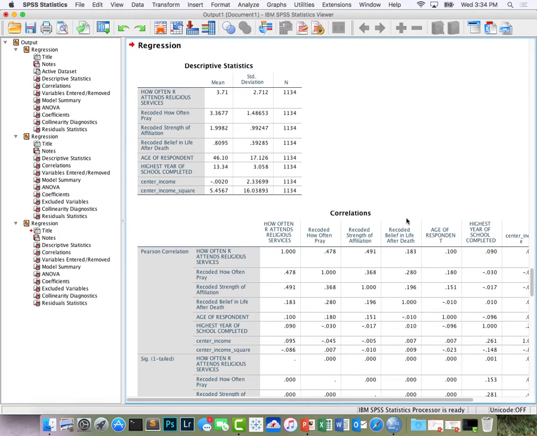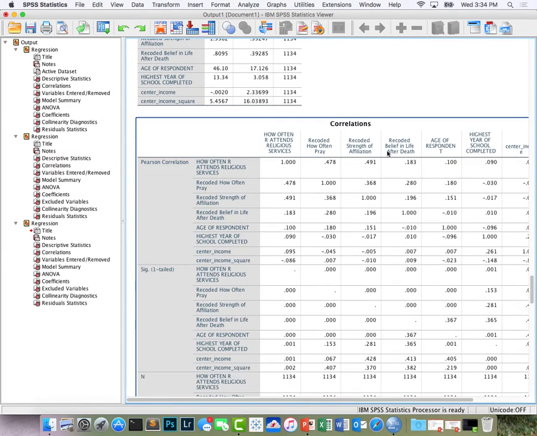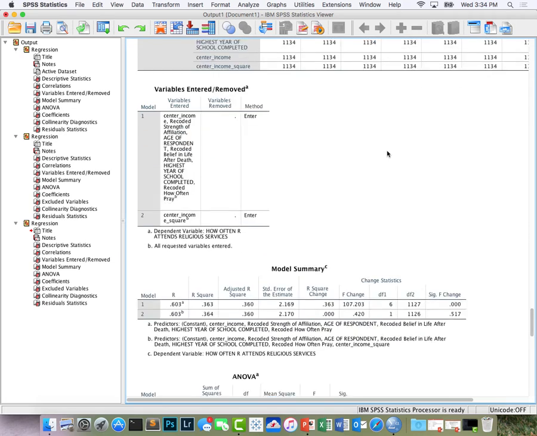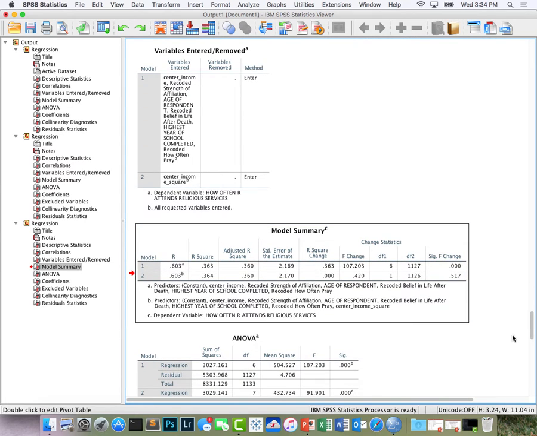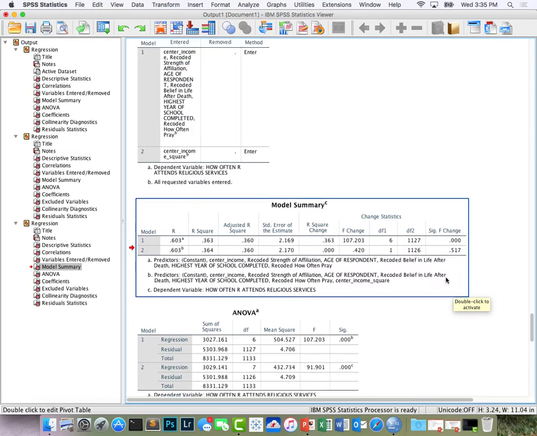Run everything again. In this case, if we look at our R squared change for the second block, it is not significant, so there's no nonlinear relationship there.